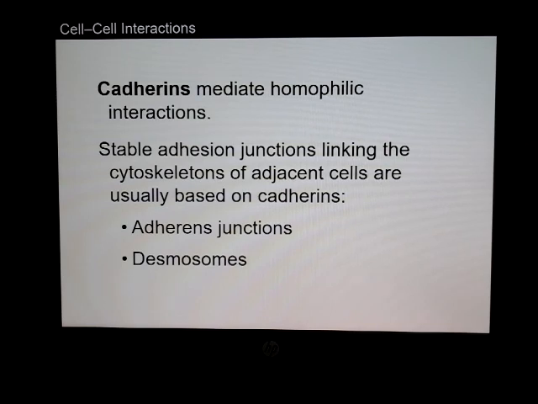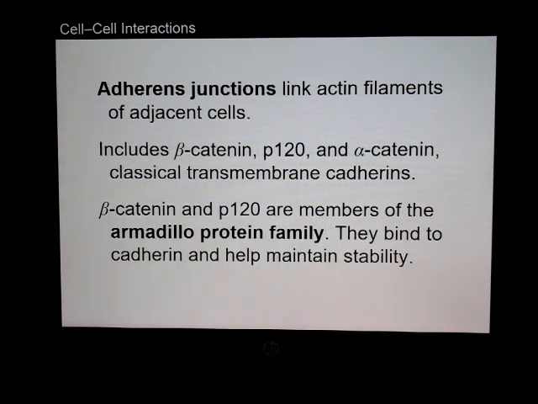And basically, guys, what happens is that they will stabilize adhesion junctions and link cytoskeletons of adjacent cells that are usually based on cadherins. Adherens junctions link actin filaments of adjacent cells. So again, these cells are right next to each other.